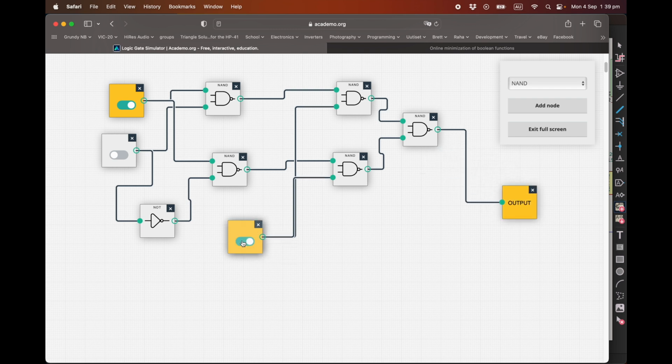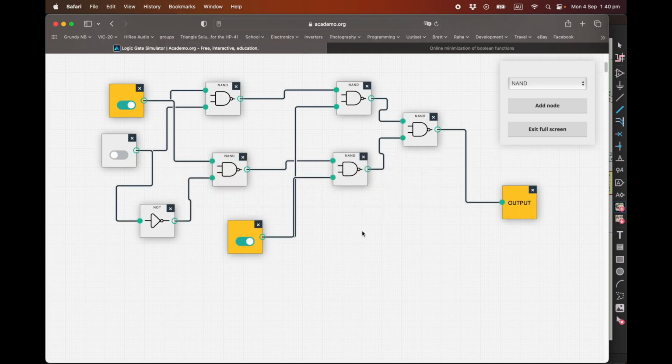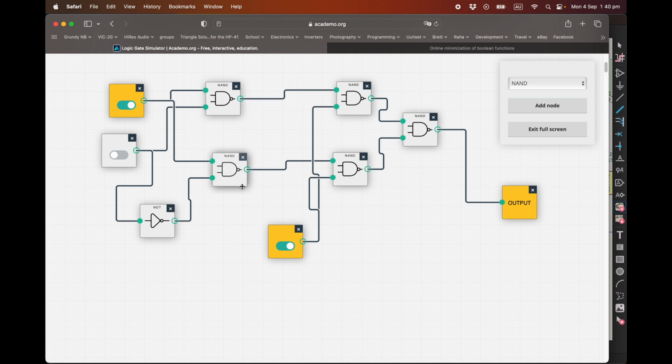So this is all pretty much pointless. It all depends on this value here. I think that's right, isn't it? We've got the NAND going in there, so we've got NAND and NAND.